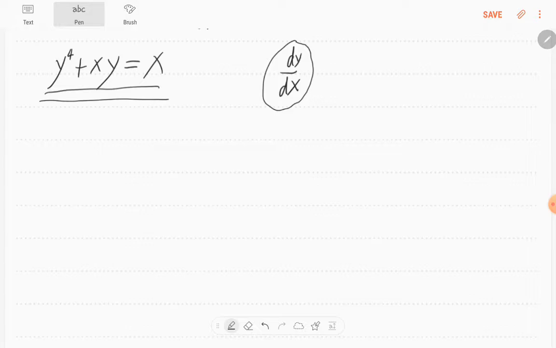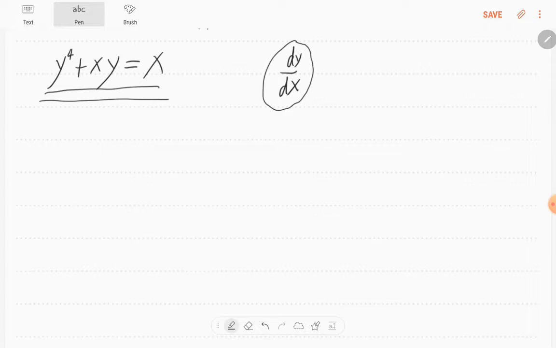So if we know the point, then we can calculate the slope of the tangent at that point, and then find the tangent line to this curve at a certain point. So how do we do that?